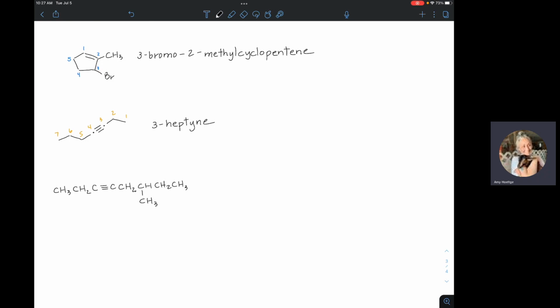Okay, so in this particular molecule, we have a triple bond. We also have a substituent. So we can number this from left to right or right to left. If we go left to right, we have 1, 2, 3, 4, 5. This would be carbon 6, 7, and then 8.